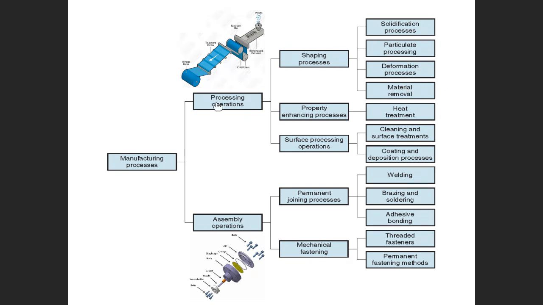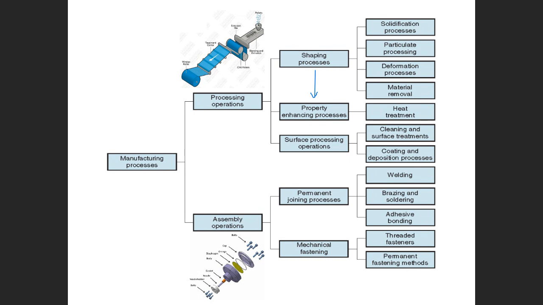And the next item in processing operation is property enhancement. Usually in property enhancement, we improve the properties of the part we produced by shaping. If you remember, I said that shaping is the first step. After shaping, as you can see, you do property enhancement.